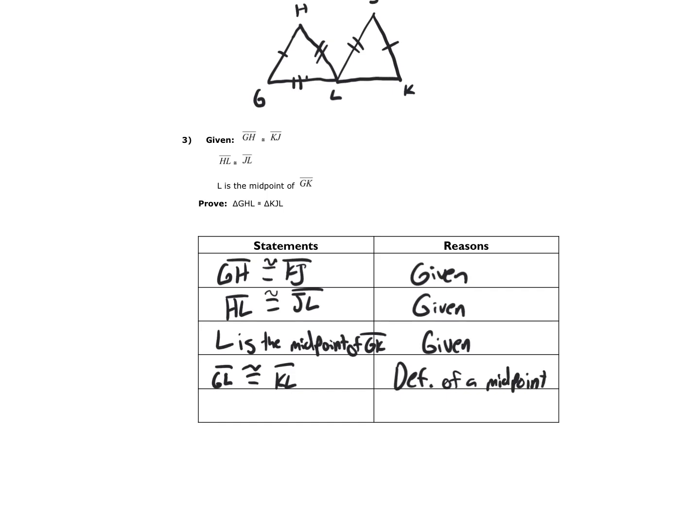So we can go ahead and mark that congruent to each other with three tick marks. GL is congruent to KL. And with that, now I have enough to prove that triangle GHL is congruent to triangle KJL. And that is because I have side, side, side.